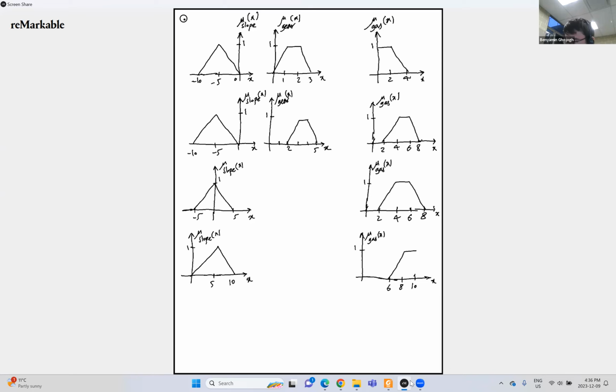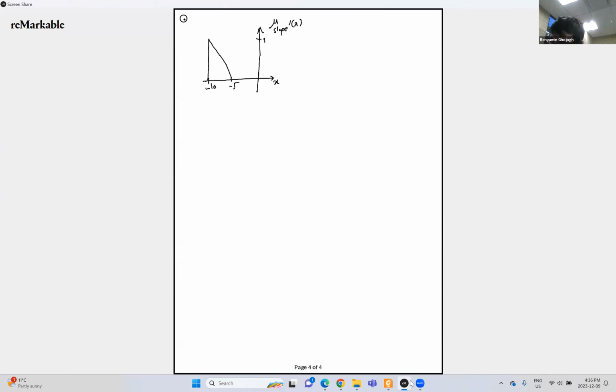So let's make it between 2 and 3. Assume my fuzzified gear, which is gear prime, is this. Or it can be a singleton method.